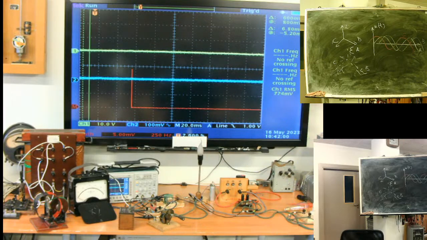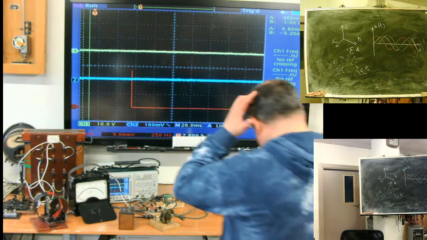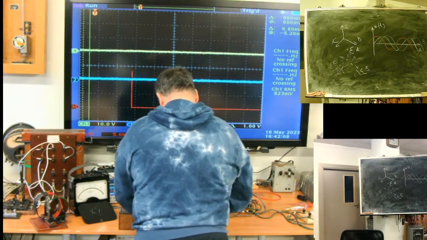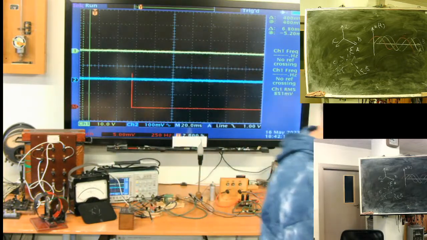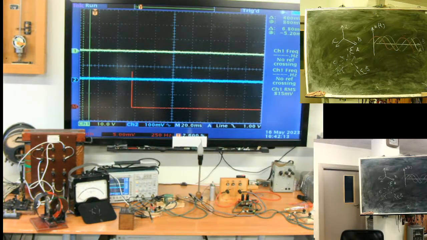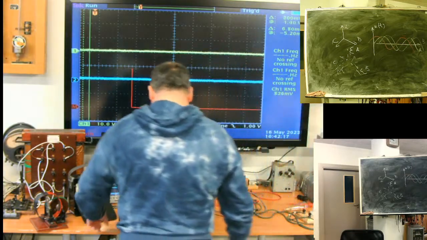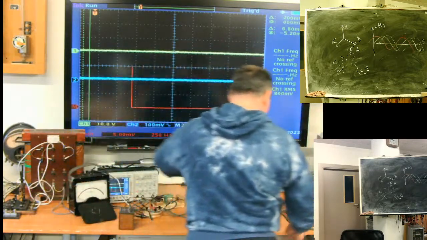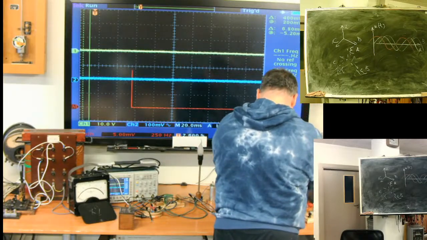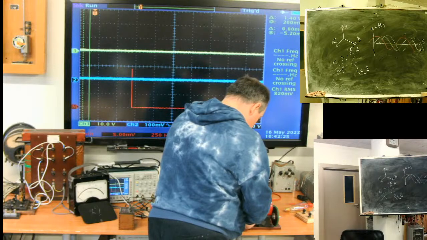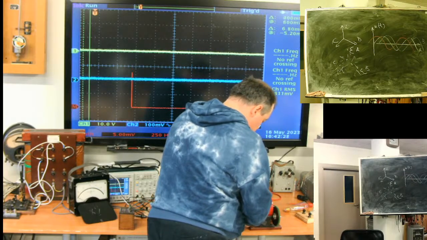Something happened with my small generator. Here. We will get some voltage.